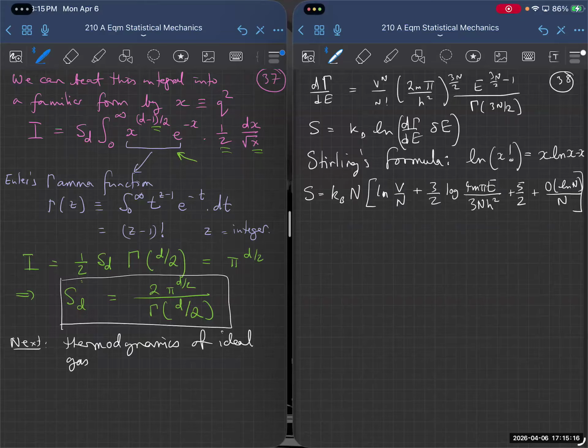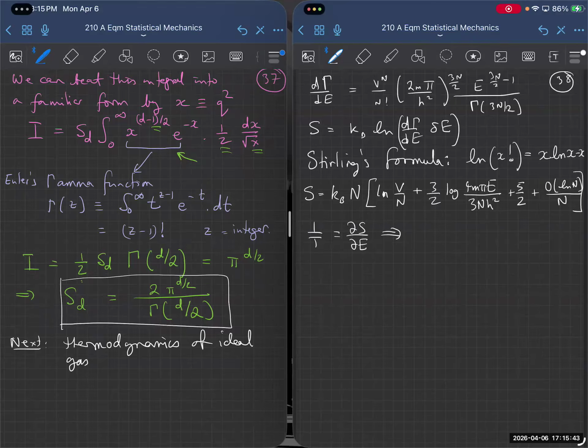Now let's see if it works. Remember that we discovered last week that 1 over temperature is dS/dE. If I take the derivative of the entropy with respect to energy, the only place E occurs is in the middle term, multiplied by a factor of 3/2.